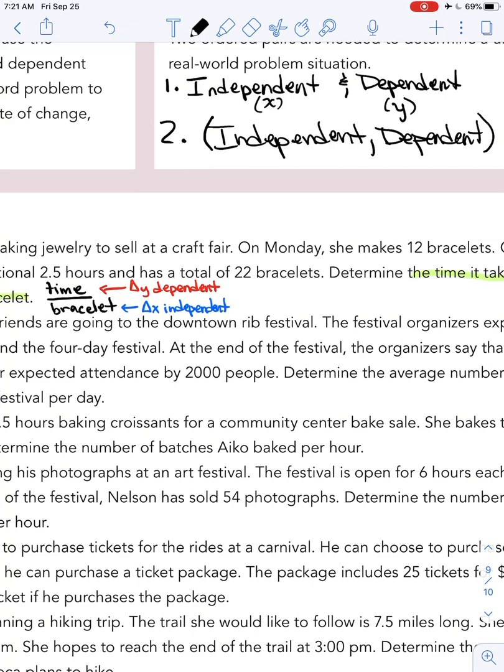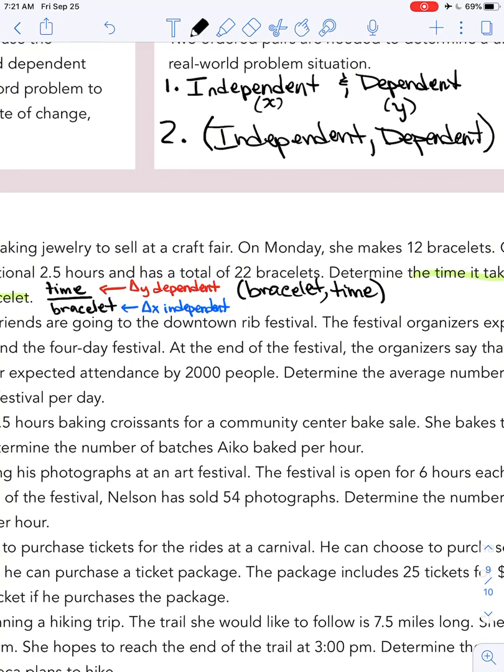So if I'm looking down here, that means in my set of parentheses, the number of bracelets goes first, then the time. So that's the very first thing you have to look at.